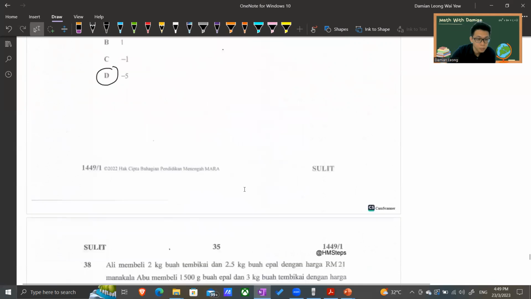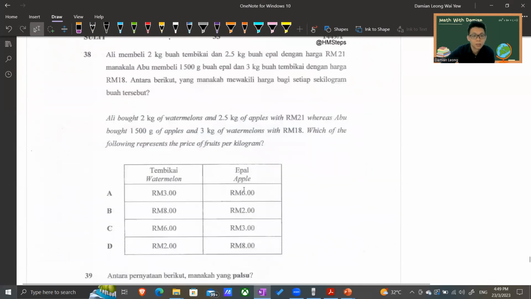Okay. Then 38. Ali bought 2 kg of watermelons and 2.5 kg of apples with 21 ringgit. Abu bought 1,500 grams of apples and 3 kg of watermelons with 18 ringgit. Which represents the price of fruits per kilogram?